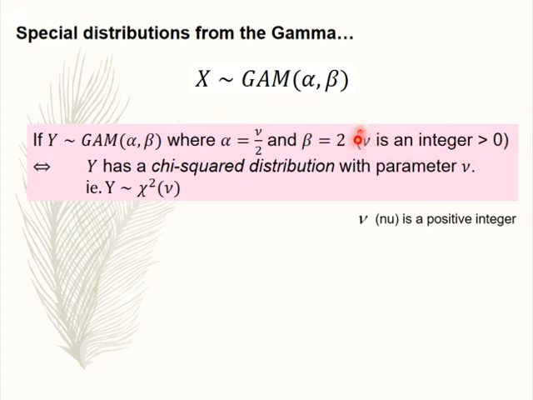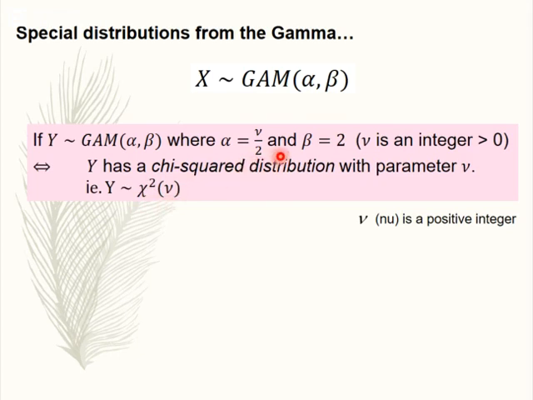So that symbol is just a Greek letter, nu, and what they're saying here is that if you have this choice of alpha and beta under this condition, then the result is something like this. So the shorthand for a chi-squared is this curvy x squared, and then you only have one parameter.